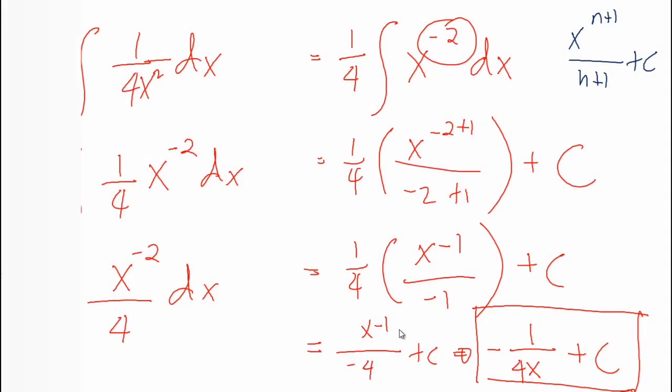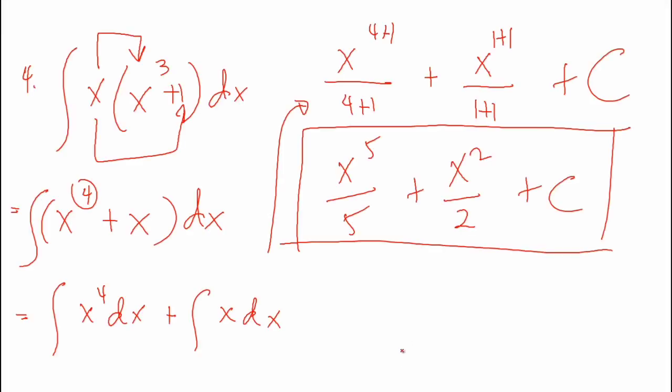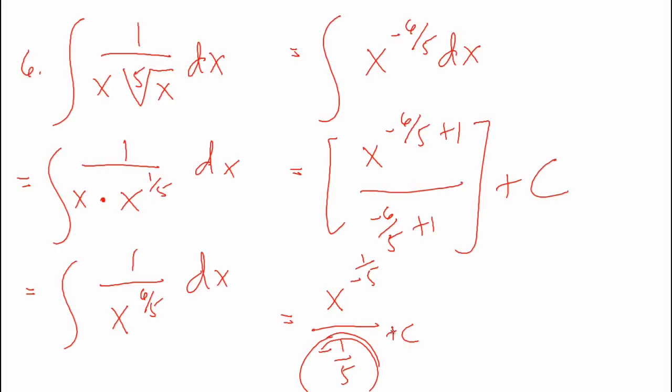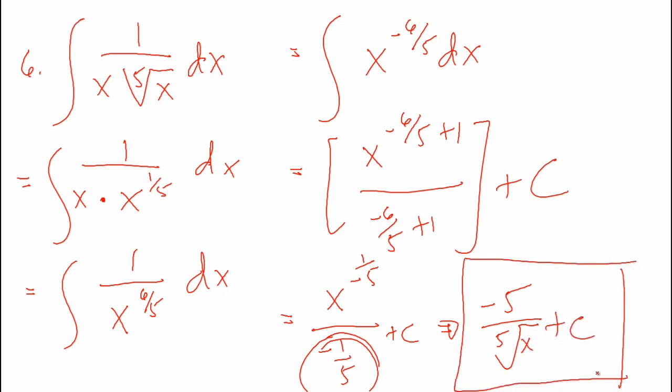So we put the 5 in the denominator, and it's negative, so that is negative 5 over the fifth root of x plus c. So now this is your final answer on our example number 6. And that is the end of this video. See you on our next video.